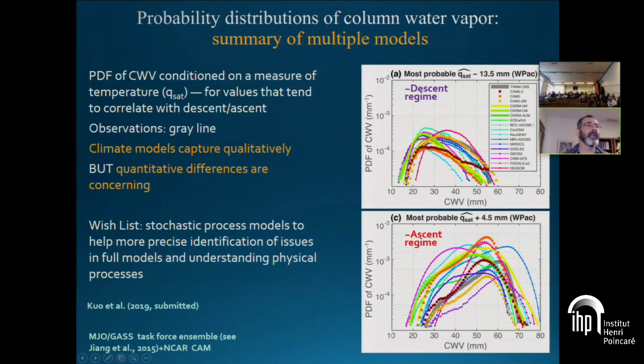So you'd like to have process models, in this case stochastic models, to help identify what is the physics underlying this, both in observations and the type of sensitivity that you might get in these full models.